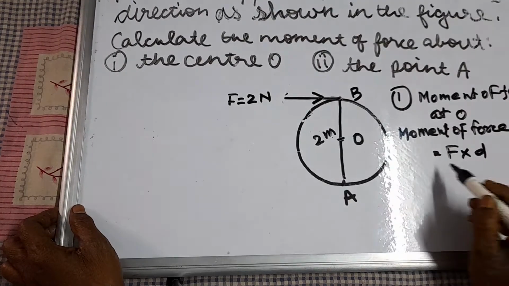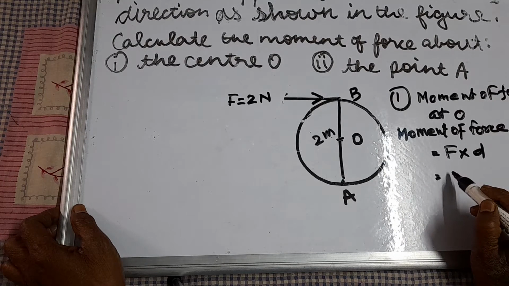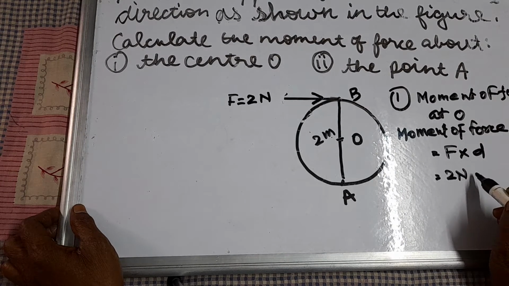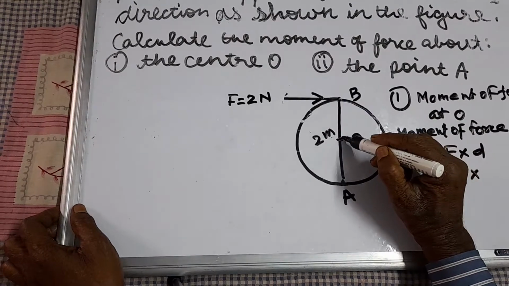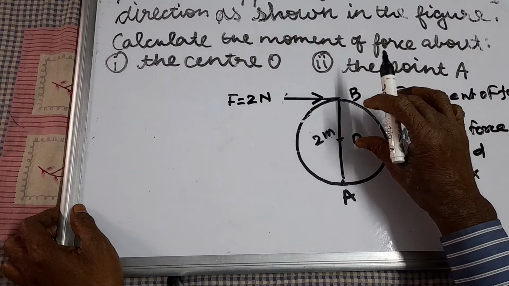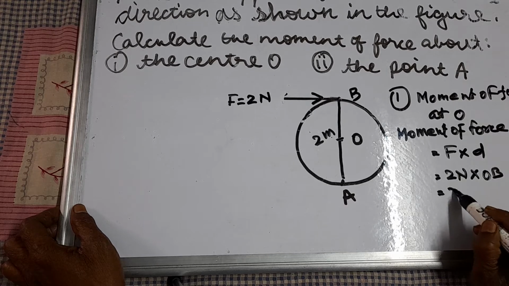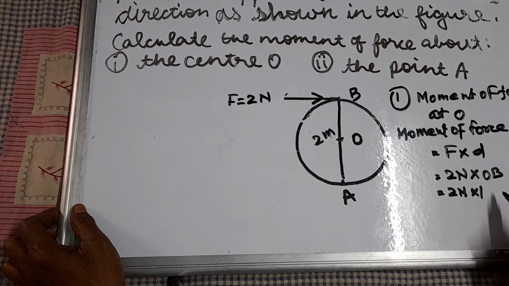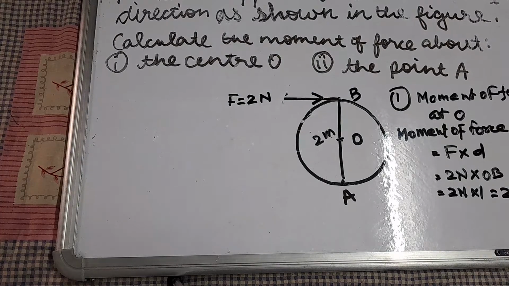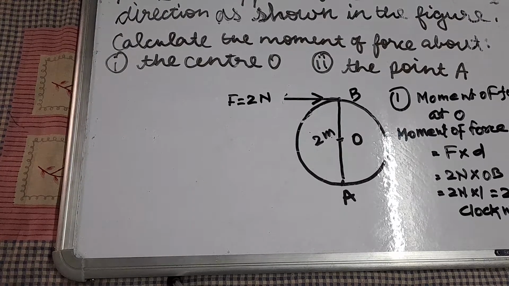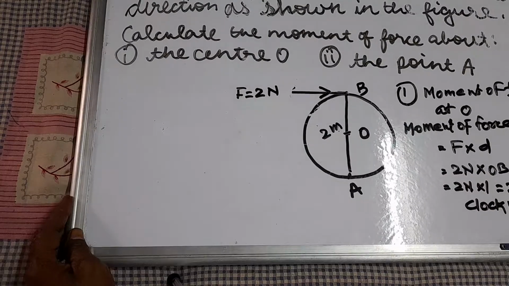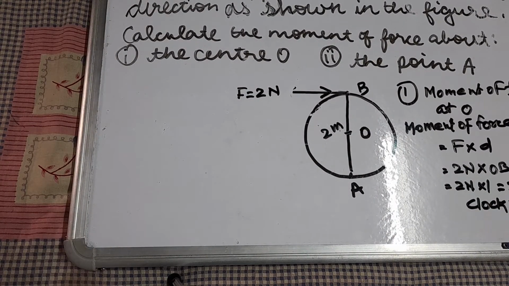So it will be F, that is 2 N, and distance is at O, so the distance will be OB, and it will be 2 N into 1, and that is 2 Newton meter. It is clockwise.